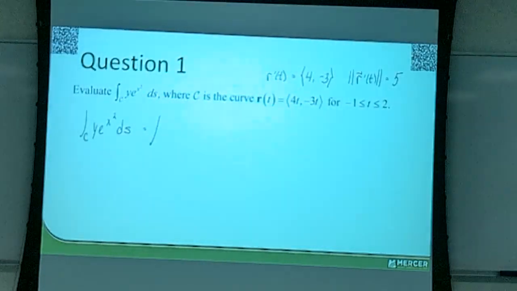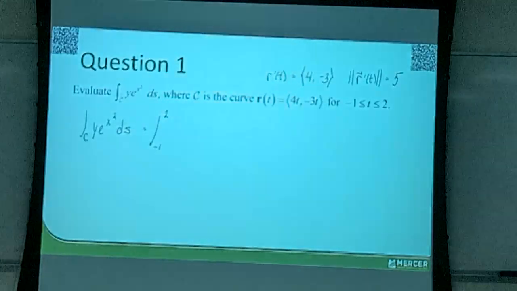This is going to be the integral from t1 to t2, negative 1 to 2. Take the integrand, evaluate it along the path r. So everywhere there's a y, you replace it with negative 3t.